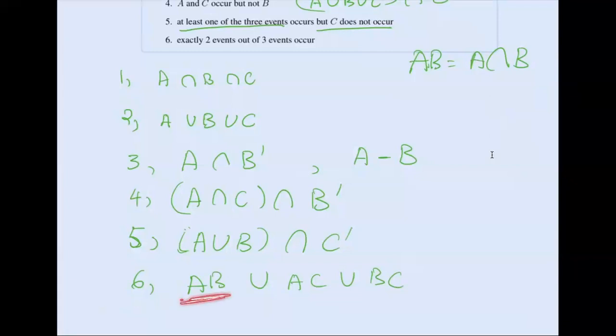Does AB guarantee you that exactly 2 events occur, or it guarantee that at least 2 events occur? Because if you just know that A occur and B occur, and you don't know any information about C, then it's possible for C to occur as well, right?